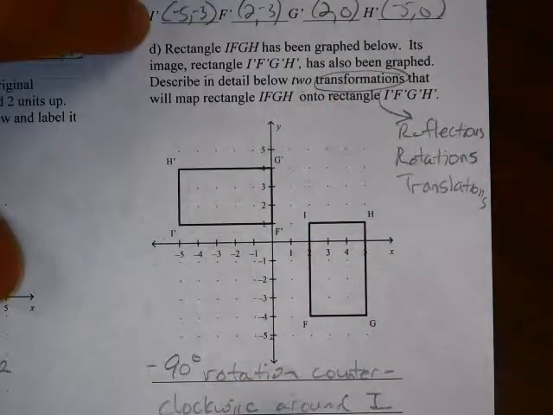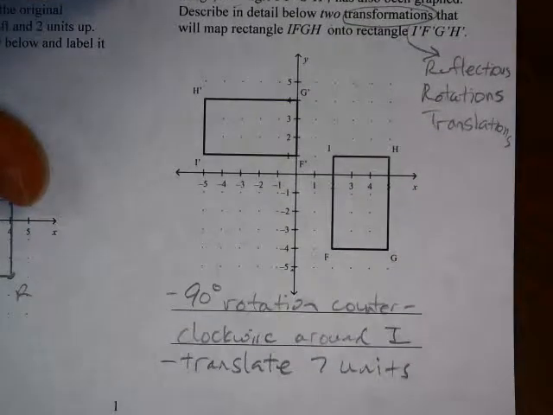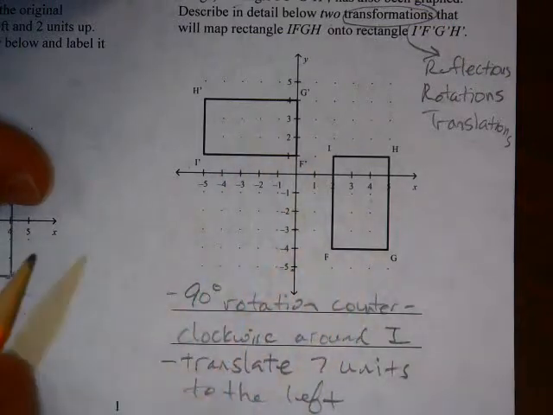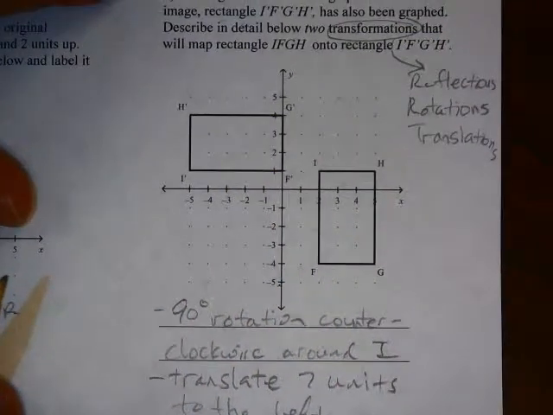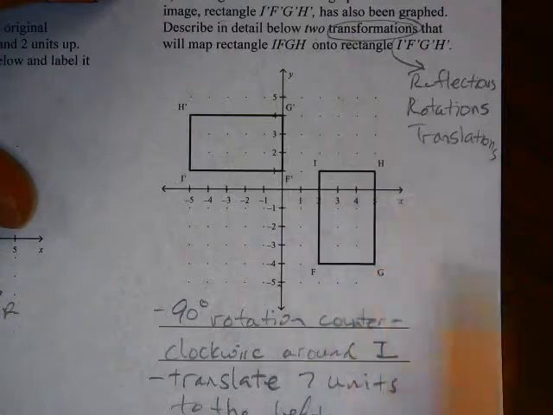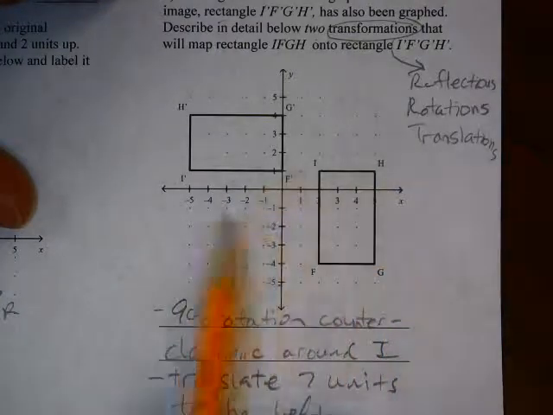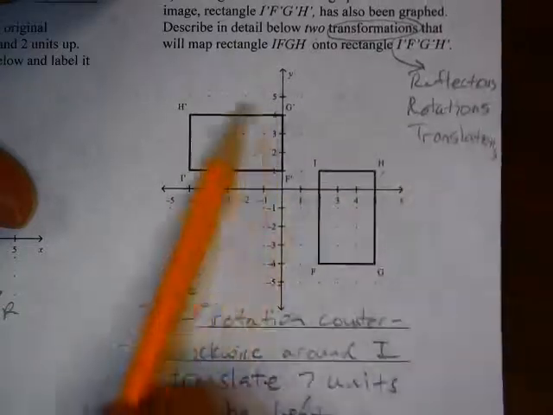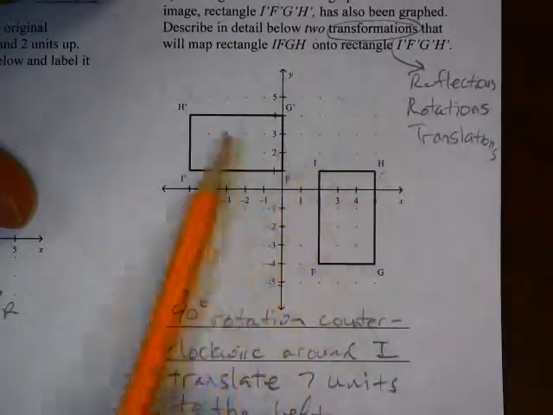So we translate 7 units to the left to finally get the rectangle onto that new one. This is probably going to be one of the harder ones to see, but that's a good way when you're using the tracing paper. Always look at the letters, look at the order, and you're trying to get this onto that one.